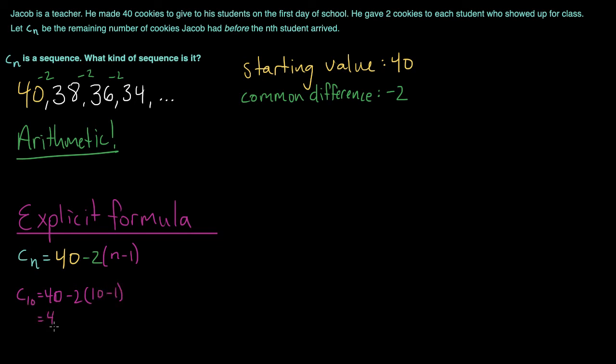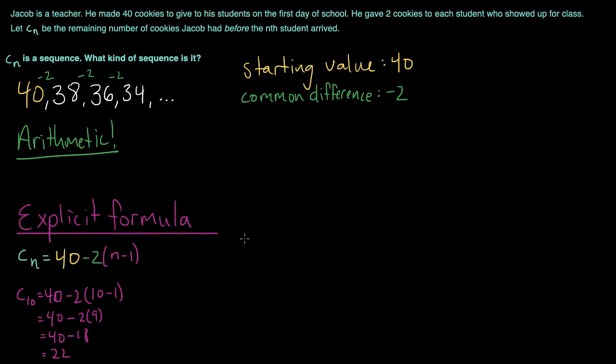Then we can simplify this right-hand side. We have 40 subtract 2 times 9, and then 40 subtract 18, and 40 subtract 18 is equal to 22. And so before the 10th student arrives, Jacob has 22 cookies left.